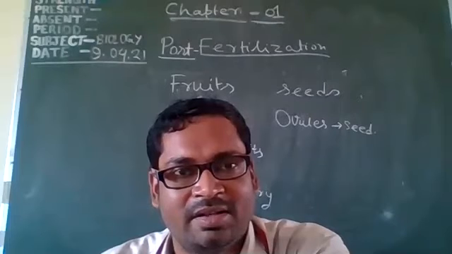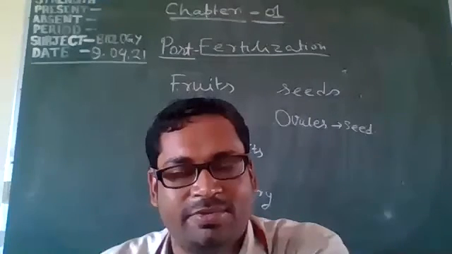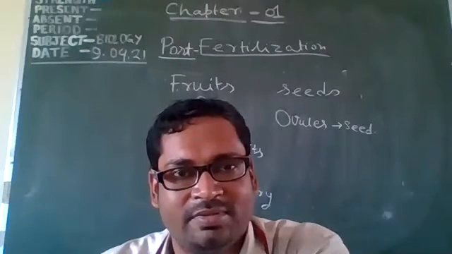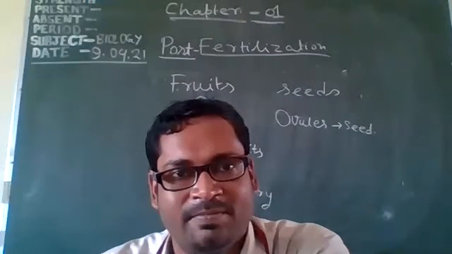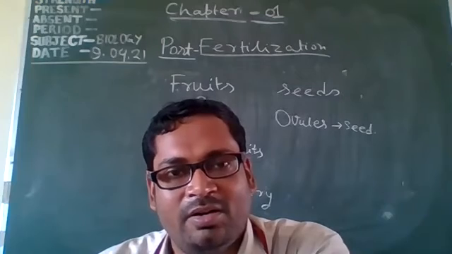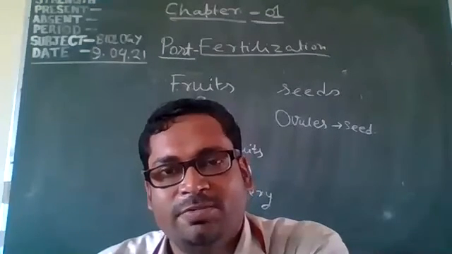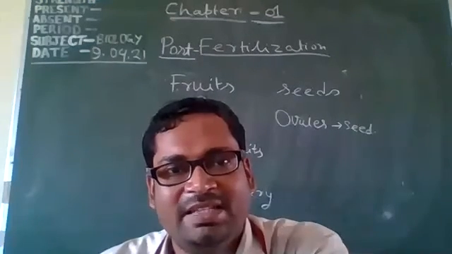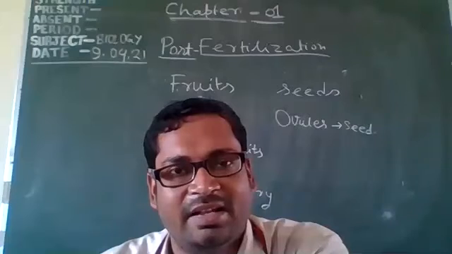Lokesh, how many layers are present in a fruit? Sir, three layers. Tell their names. Pericarp, mesocarp, and the last one, endocarp. Good. Which fruit has a fleshy mesocarp that is an edible part?